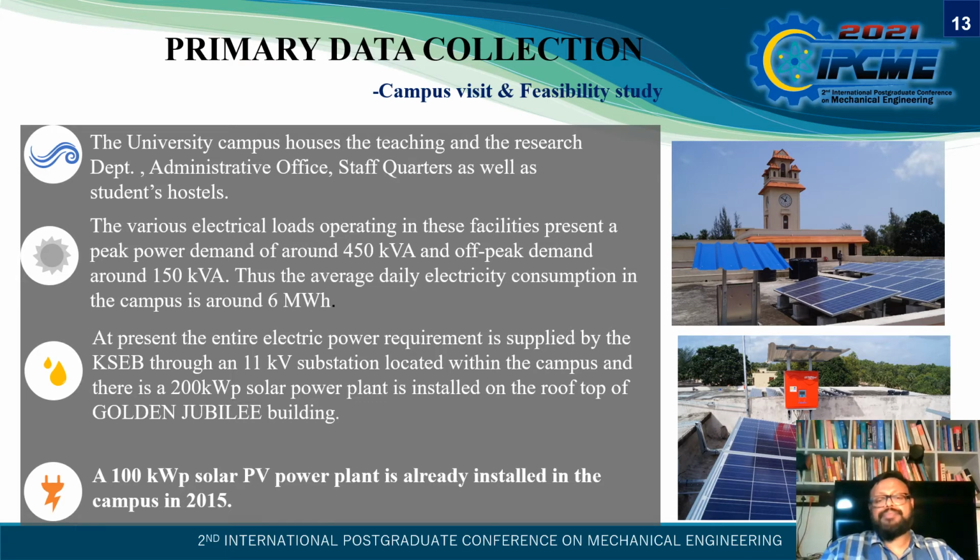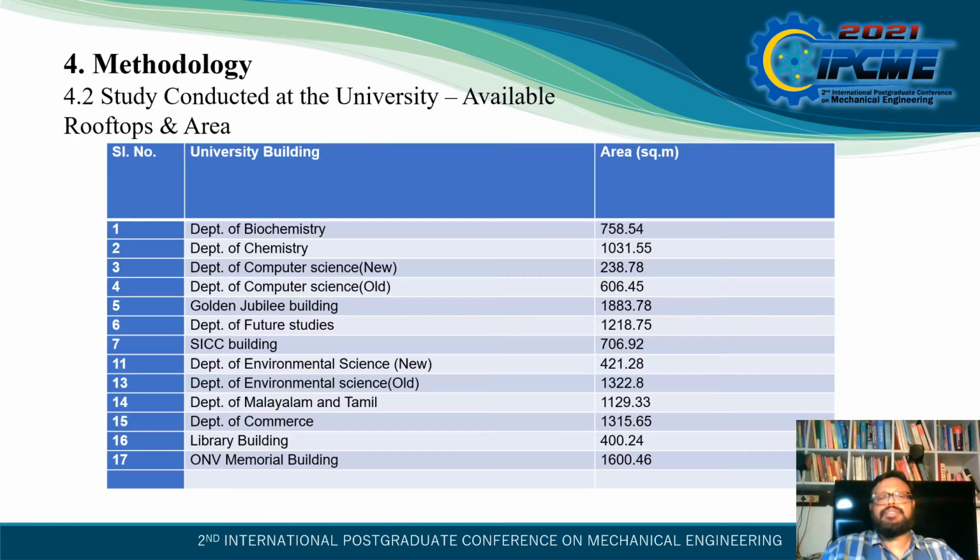Currently, a 100 kilowatt solar power plant is installed, which you can see in the picture here. That is the actual inspiration for going further, for higher thinking of getting this complete campus solarized to make an energy self-reliant or carbon neutral campus.